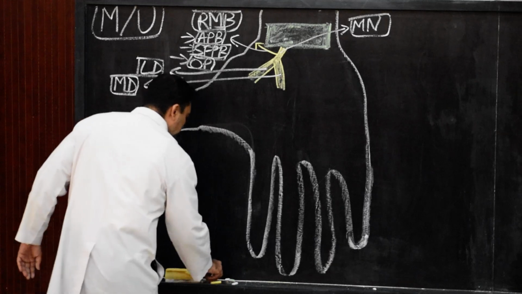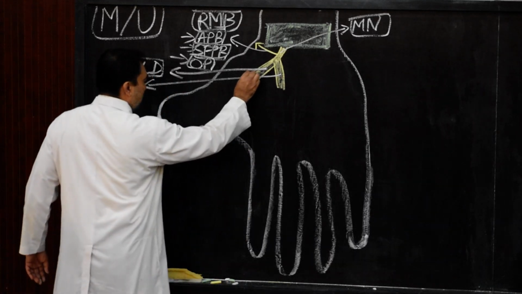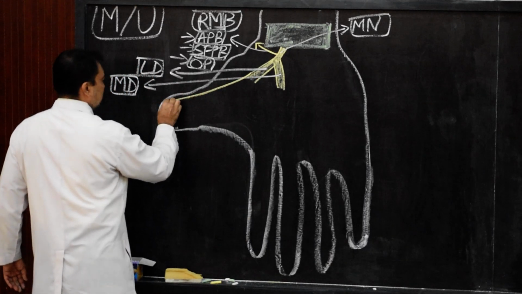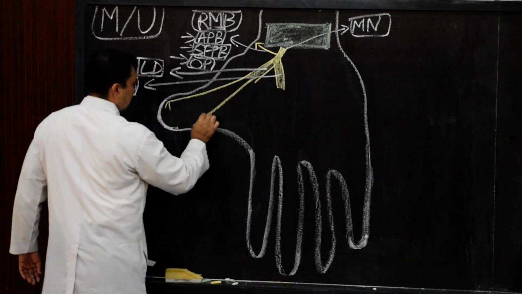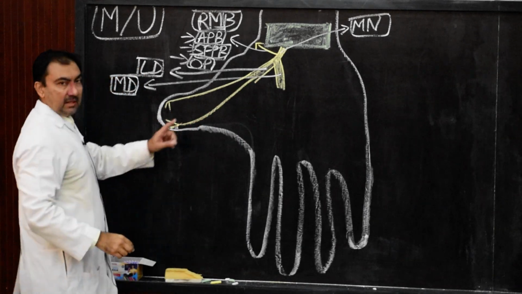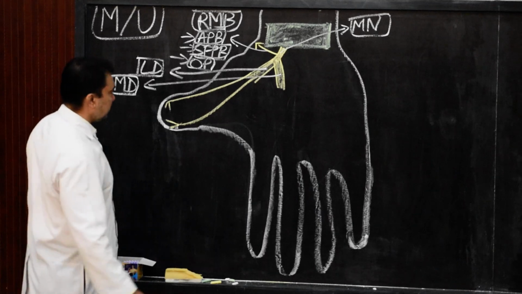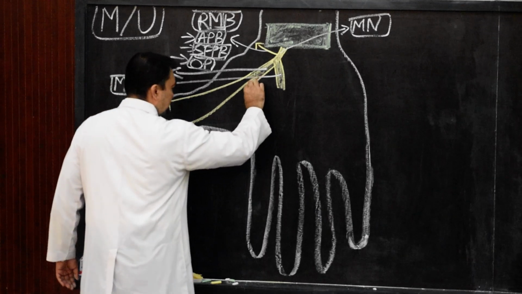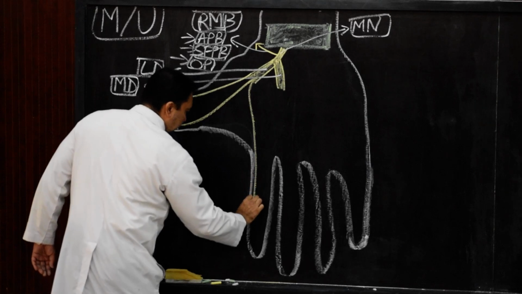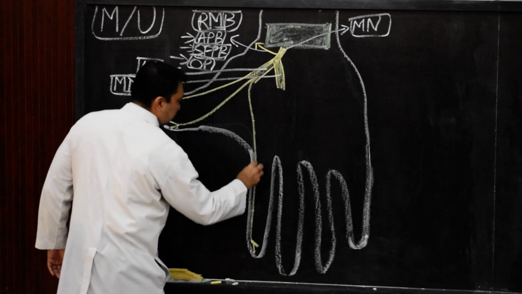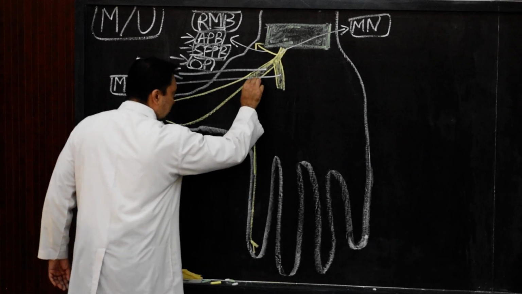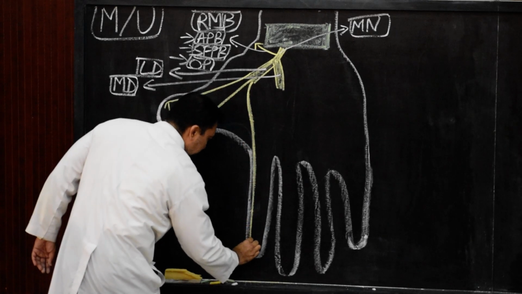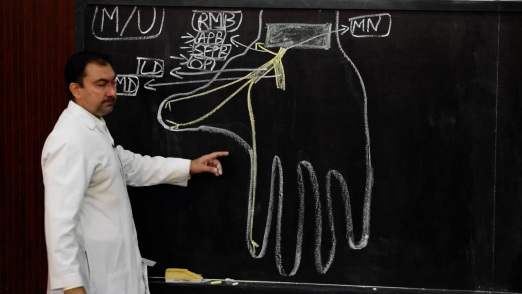And those 3 proper palmar digital nerves will supply either side of the thumb, either border of the thumb on the palmar surface, and it will supply the radial side of the index finger. It will supply the radial border or radial side of the index finger.